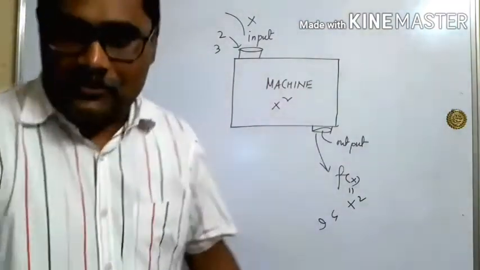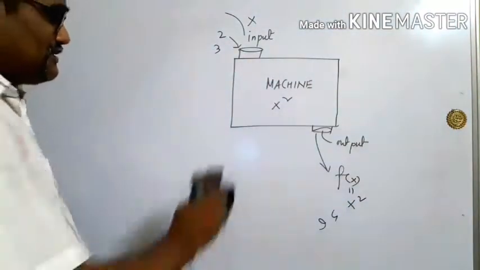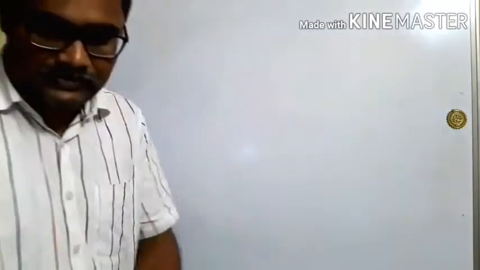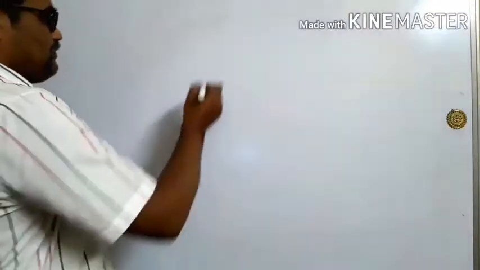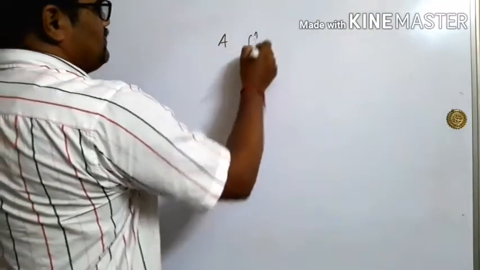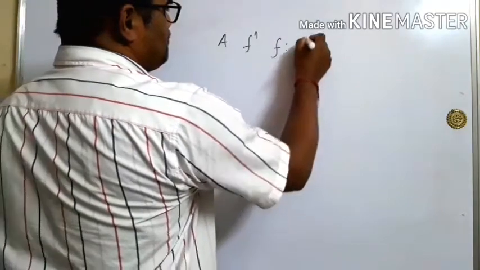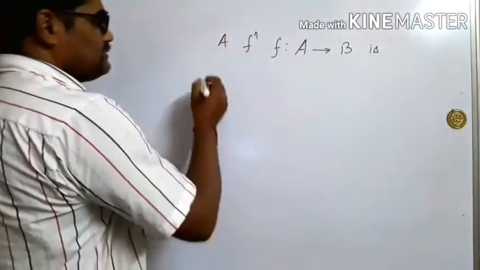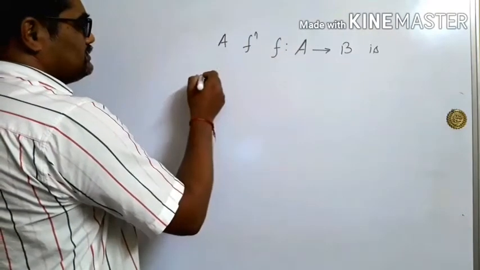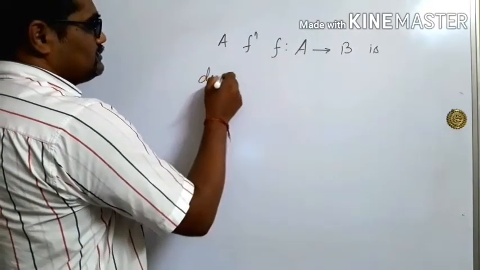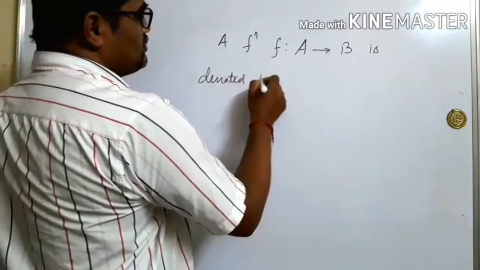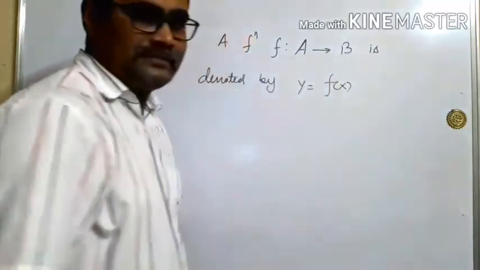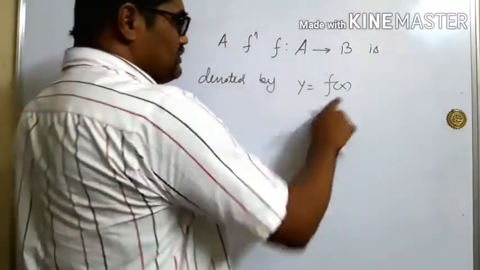Okay, now let's go for the formal ones, right? So you see, a function f from A to B is defined by y equal to f(x), right? Y equal to f(x).